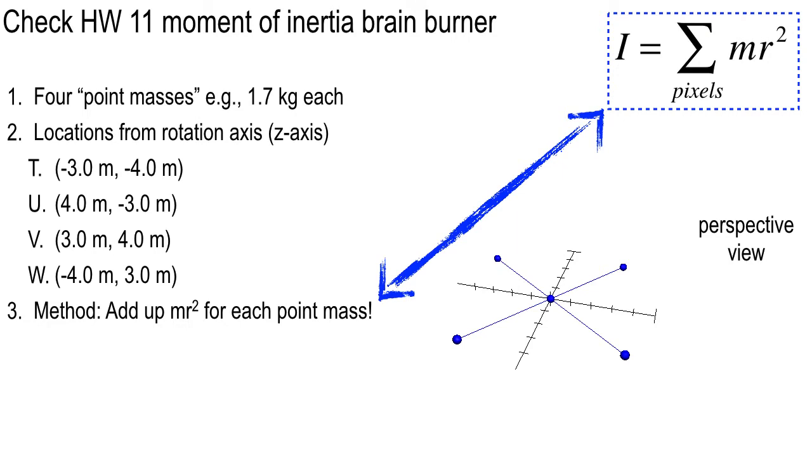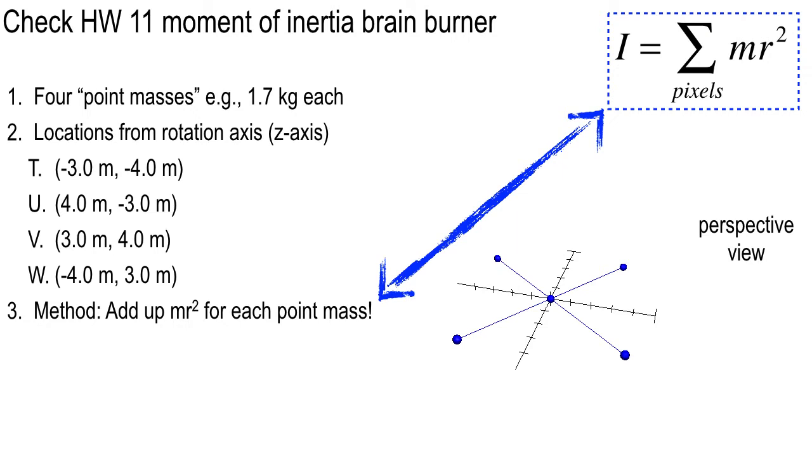So you add up mr squared for each pixel of mass, or in this case, for each point mass. If you have a solid body, you have to pixelate it up and count each pixel, mr squared for each one. We're going to do the same philosophy here, but we only have to do it 4 times.